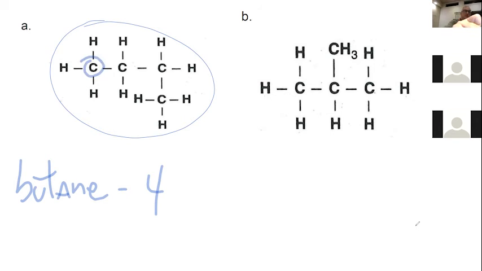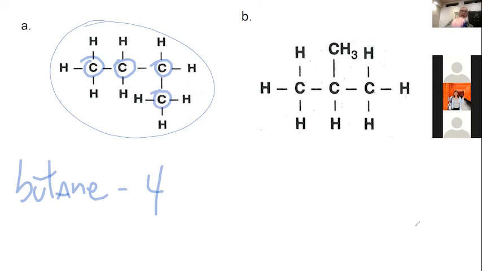So we've got 1, 2, 3, 4. And the question is, do any of those carbons have a substitution on them? No, my bad. They don't. This is a trick, an evil chemistry professor trick.